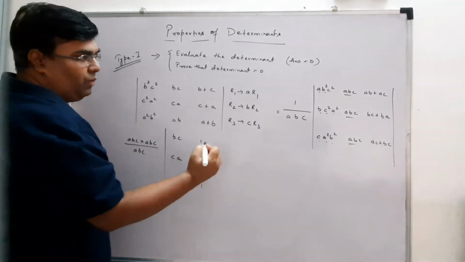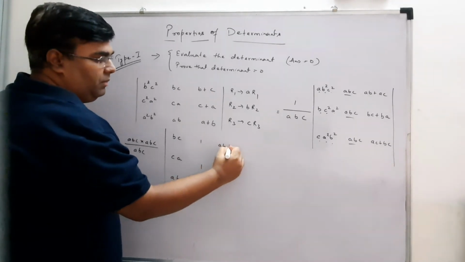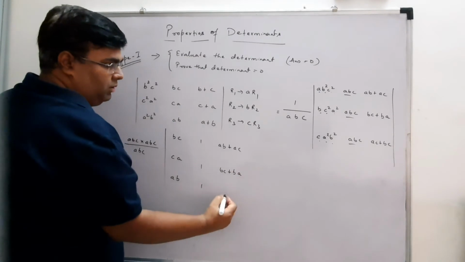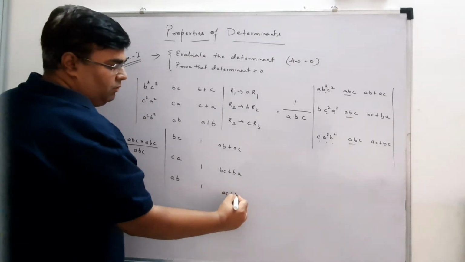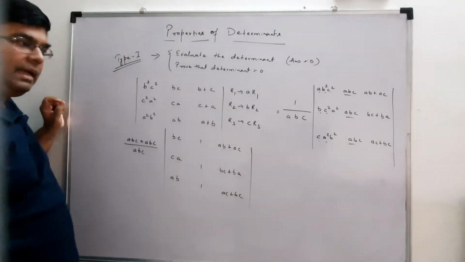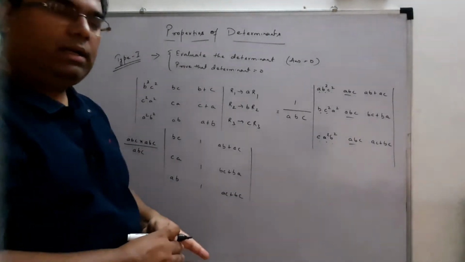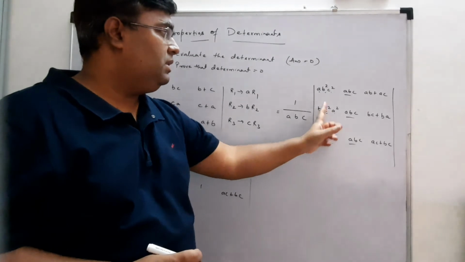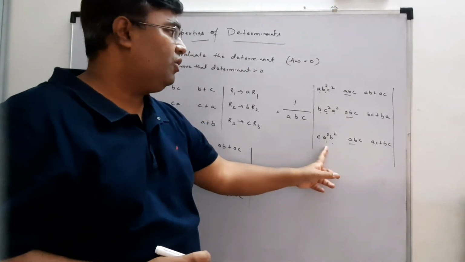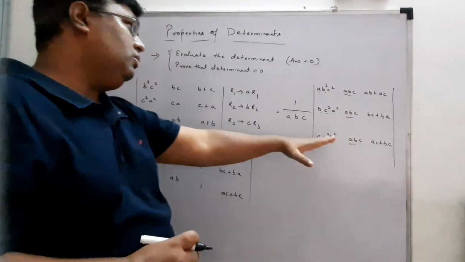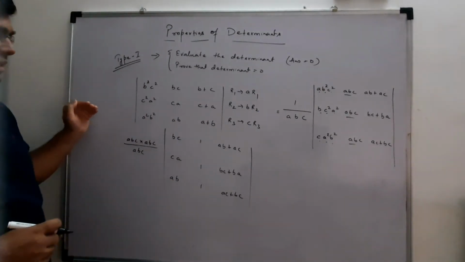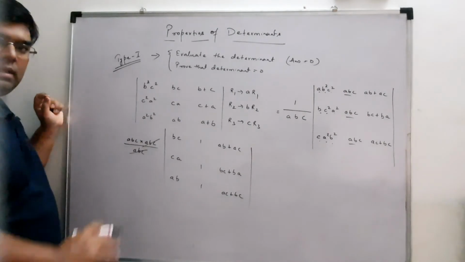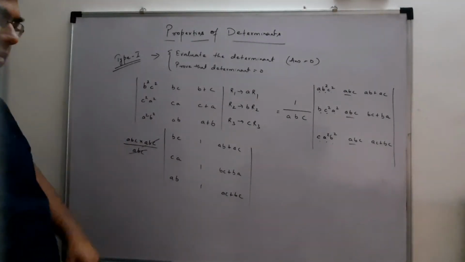Here 1 1 1. Third column is as it is. Okay, understood this? What have we done? We have taken ABC from the first column and second column also, as all three terms have ABC. So now one ABC and one ABC will be cancelled. Only ABC will be left.